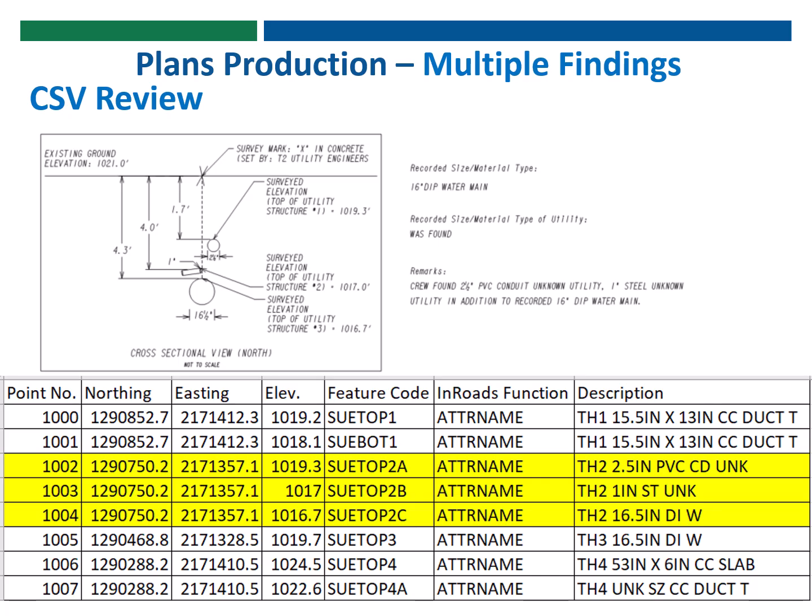However, the elevation of each structure has changed, and the feature codes for each utility are different, with the feature code for structure number 1 being SUE top A, feature code for structure number 2 being SUE top B, and the feature code for structure number 3 being SUE top C.